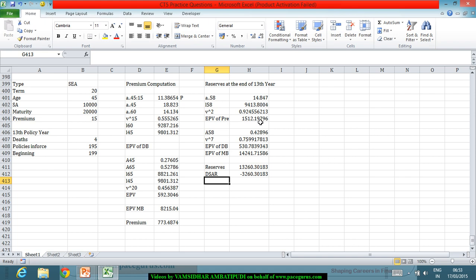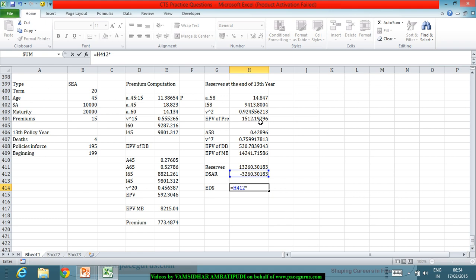So if the death strain at risk is negative and there are early deaths, there is a profit. If the actual deaths are more than expected, the company is making a profit. If the actual deaths are lesser than expected, it's going to be a loss. Initially the death strain is this much for each policy.